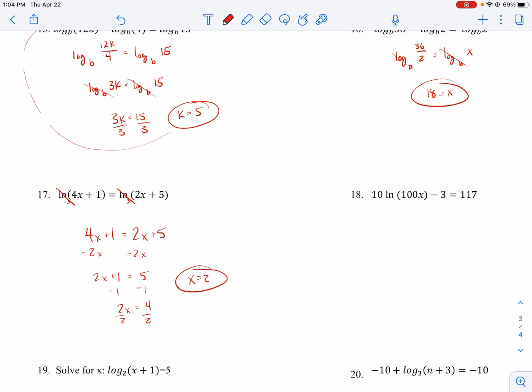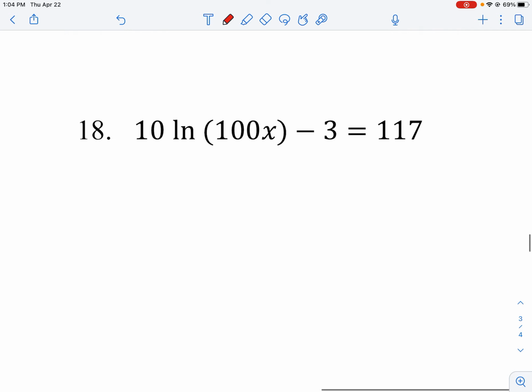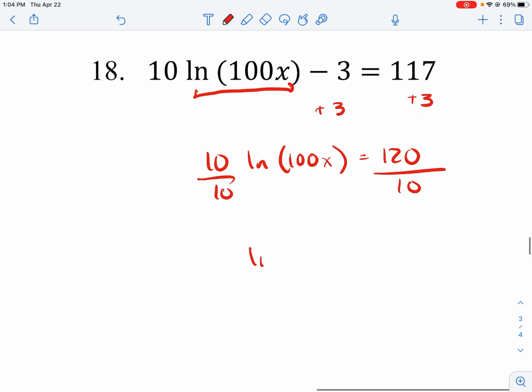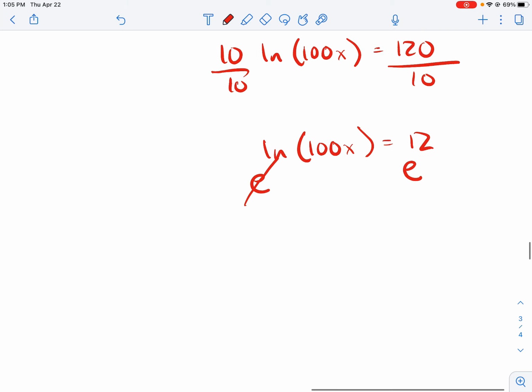All right. Over here, we got to get this piece by itself first. So I'm going to add 3. Divide by 10. And then we're going to take the e of both sides. So raise both sides to that power of e.